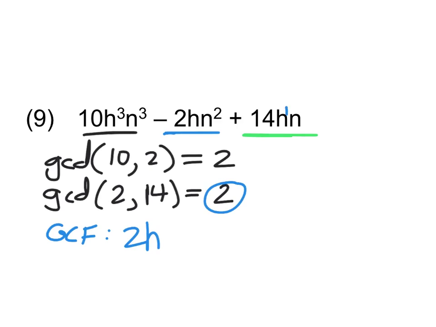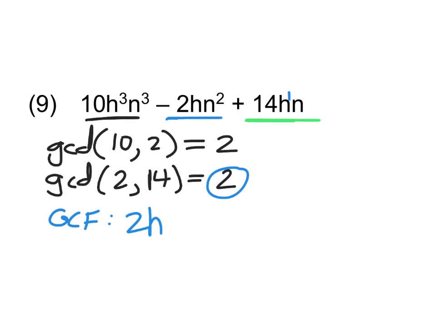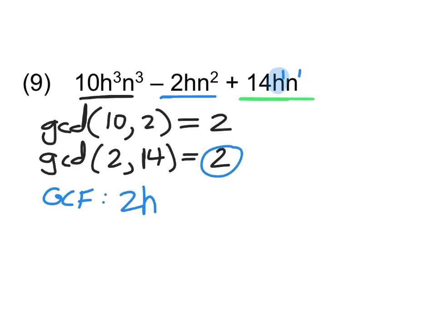All right? So I'll just tuck the 1 in there. But this is the one that we want. All right. What about the n's? Yeah, same deal, right? Also n to the first. So that's our GCF. So that's the expression that's going in front of the parentheses.